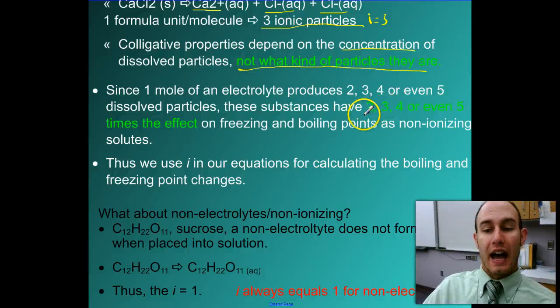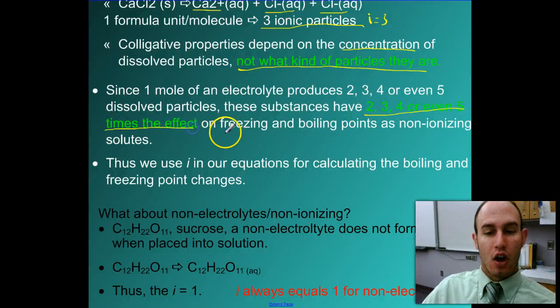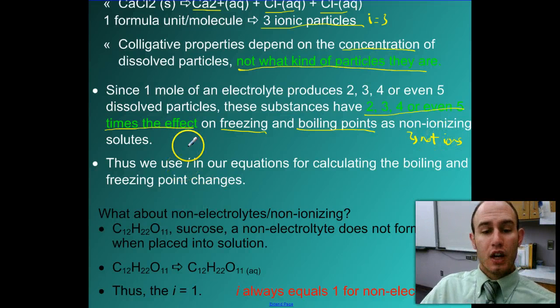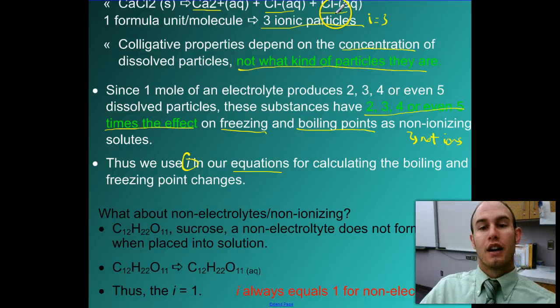These substances have 2, 3, or 5 times the effect on the freezing and boiling points as the non-ionizing solutes. Again, non-ionizing means not forming ions in solution. So I, in our equations, is equal to the number of ions formed from a dissolving salt.